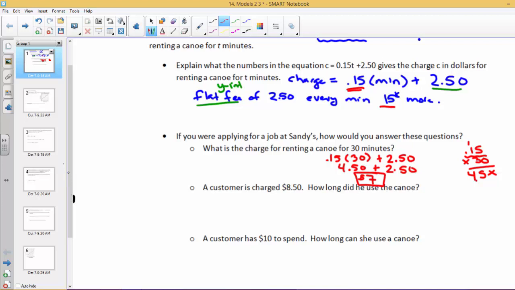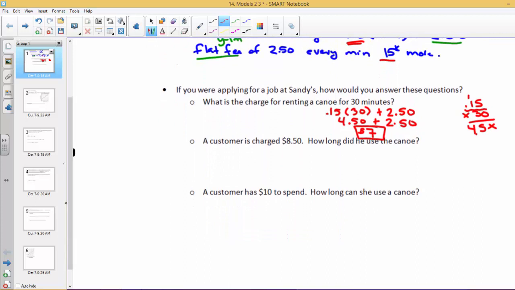Okay, a customer is charged $8.50. How long was the canoe used for? So $8.50 would be the charge. $8.50 would equal 0.15 times the number of minutes plus $2.50. So you would subtract 250.